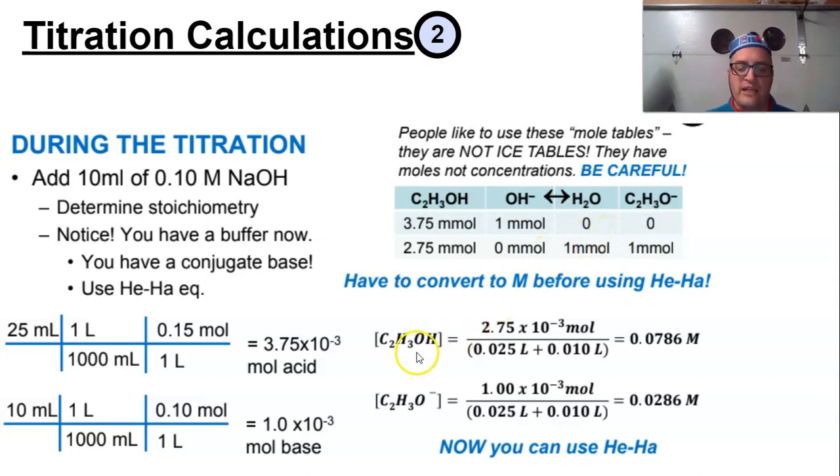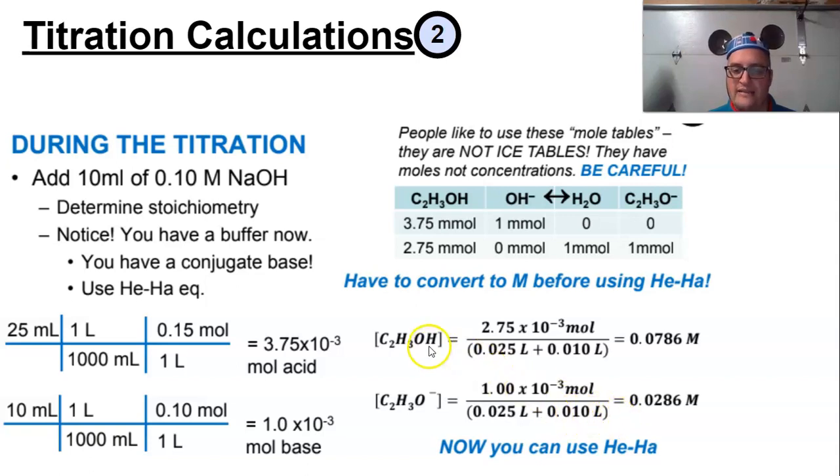So, when we're thinking of the concentration of the remaining acetic acid, we have the number of moles that are still there divided by the additive volumes of the original volume of the acid plus the volume of the base. The conjugate base now, we have its small amount of moles with the same volume.